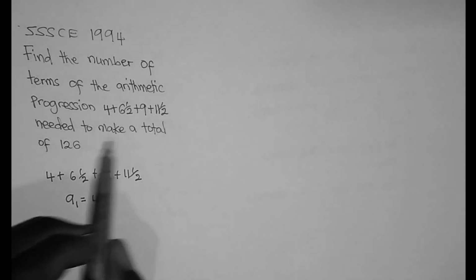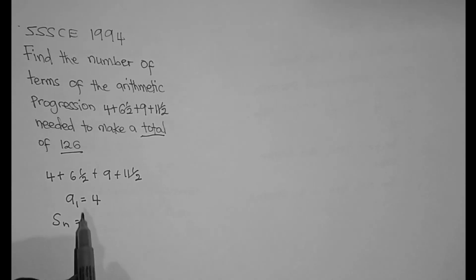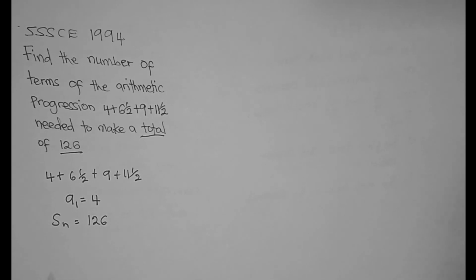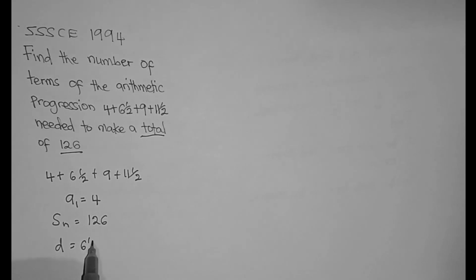And then it says that to make a total of what? 126. So that means the sum Sn is equal to 126. Then the common difference D is equal to the second term, which is 6.5 minus 4. And 6.5 minus 4 is equal to 2.5, which is equal to 5 divided by 2.